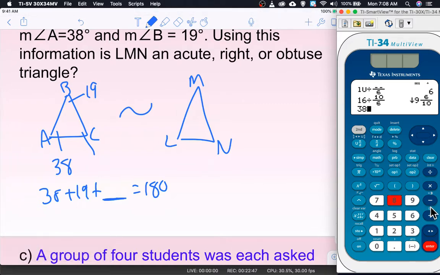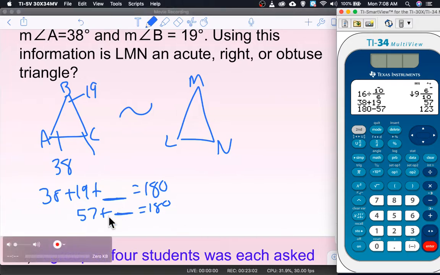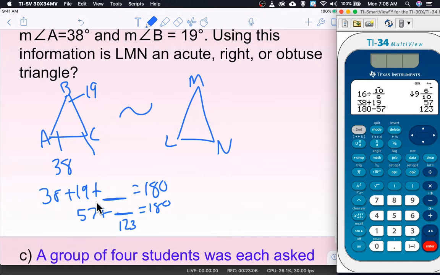I would do 38 plus 19. That's 57 plus something equals 180. And then I would take 180 minus 57. Essentially, we're solving the equation. We're pretending this is an x, and subtracting that piece out. We get that is 123. So angle C is 123 degrees.